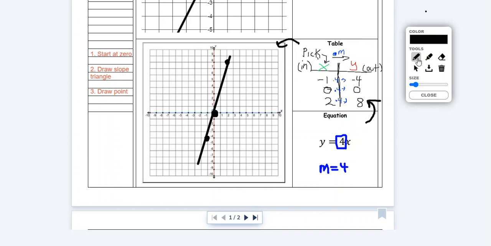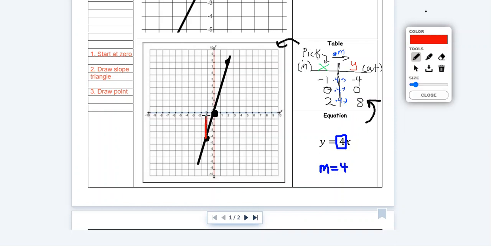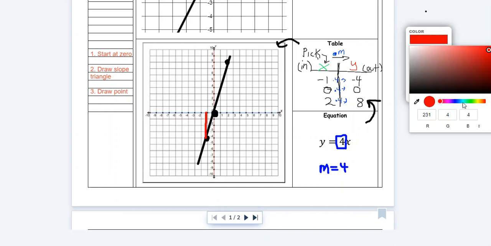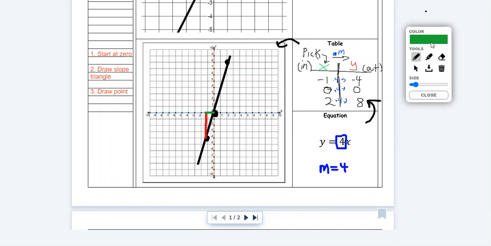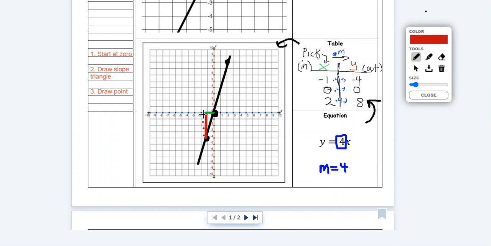And if we want to, we can check and make sure that our slope is correct. We can check by drawing a slope triangle to check our rise over run. So let's check between these 2 points. To get from here to here, I'm drawing my slope triangle. And you'll notice that I have to rise 1, 2, 3, 4.